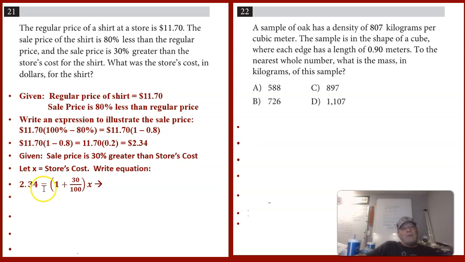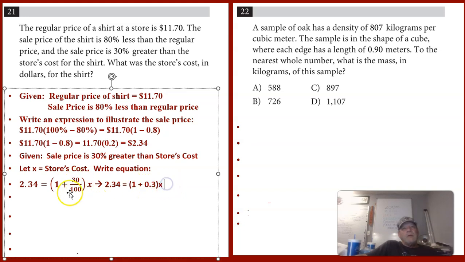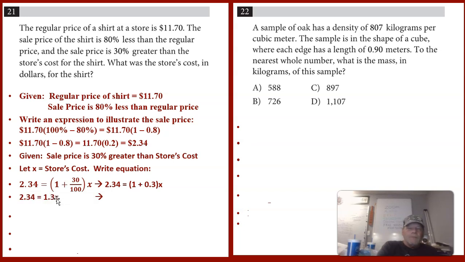The $2.34 is going to equal 1 plus 30 over 100, because 30% would be written as 30 over 100, times X. So that can be rewritten as 2.34 equals 1 plus 0.3 times X. Now we are going to take that 1 plus 0.3, which is 1.3, times X. That is going to be our equation to find the store's cost.